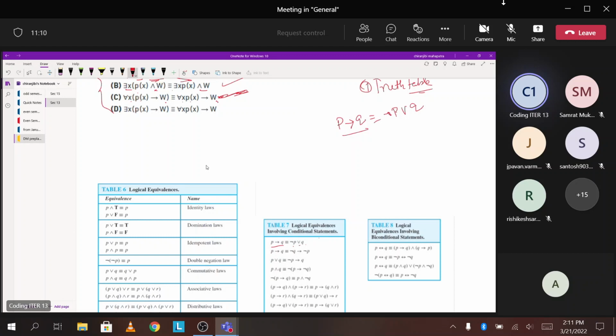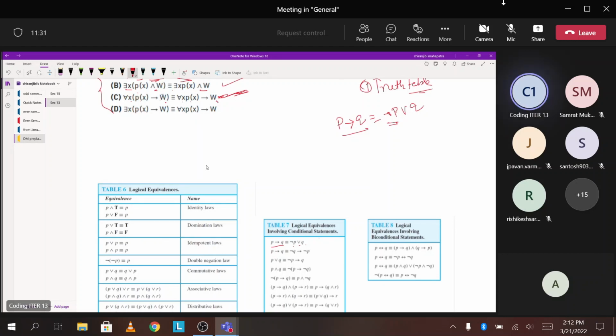So here the statement is for all x, P(x) implies W. We have to take the negation of p first. Whenever we do p then q, we have to split it.